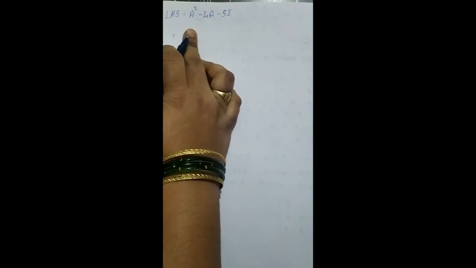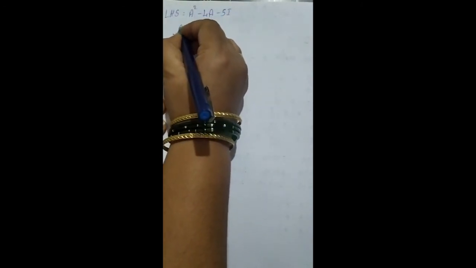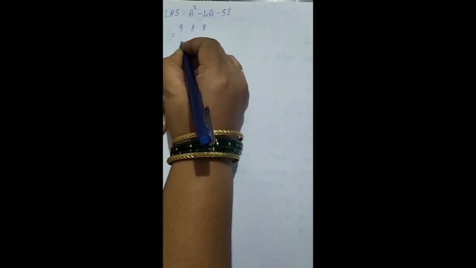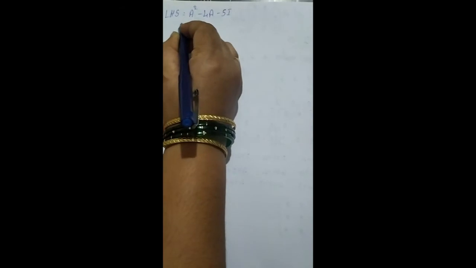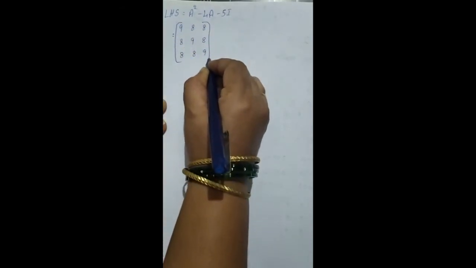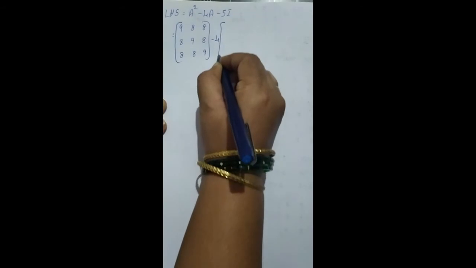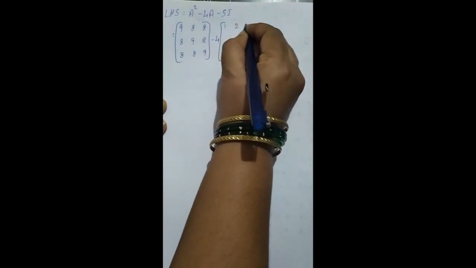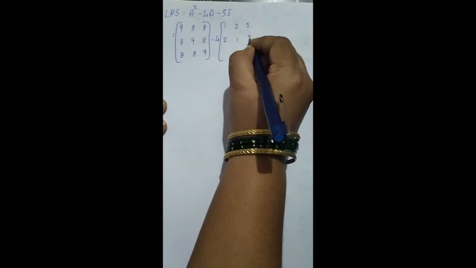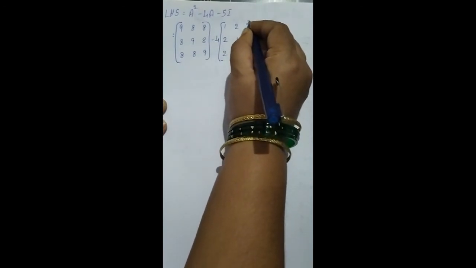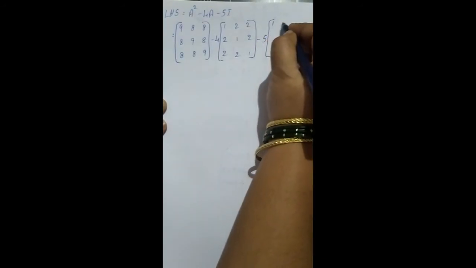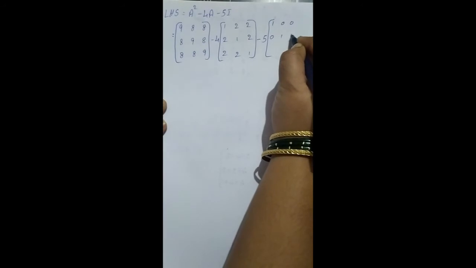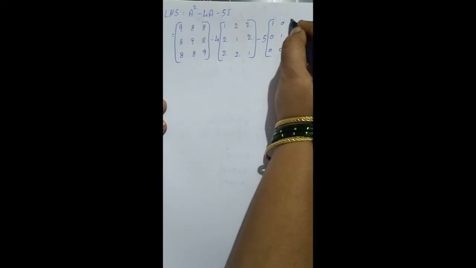That is equal to the A square matrix 9, 8, 8, 8, 9, 8, 8, 8, 9, minus 4 into matrix A, 1, 2, 2, 2, 1, 2, 2, 2, 1, minus 5 into the I matrix, 1, 0, 0, 0, 1, 0, 0, 0, 1. This is the matrix I.